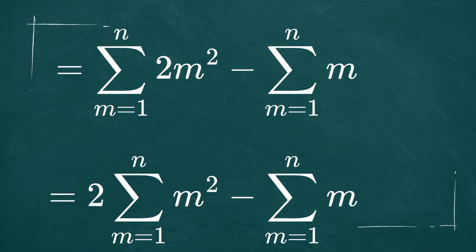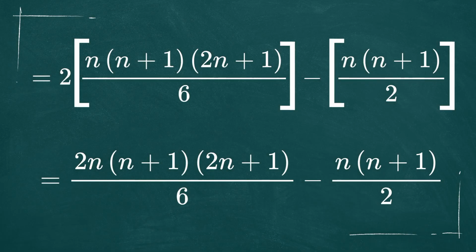So after that, we're ready to use known summation formulas for the summation of m squared and the summation of m. For m squared, we will use the formula for the sum of the squares of the first n natural numbers, which is n times (n plus 1) times (2n plus 1) all over 6.